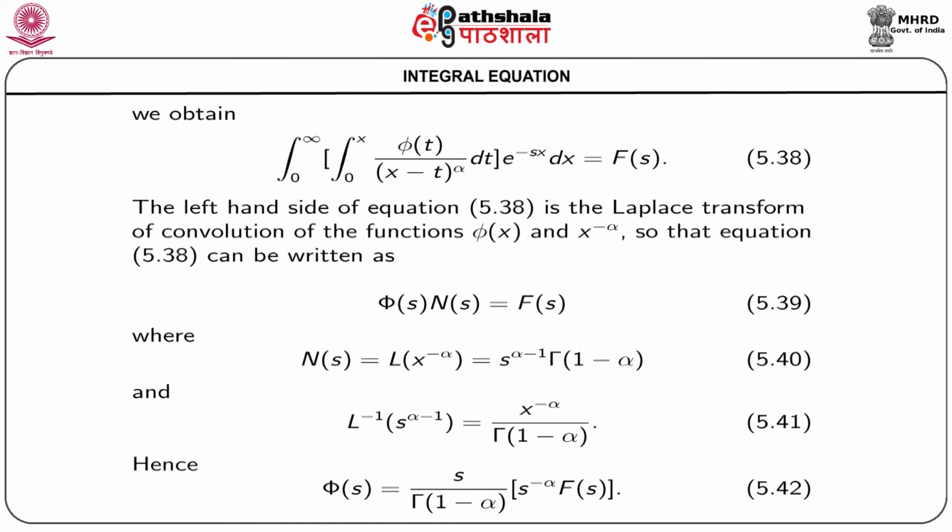Hence, from 5.39 we can write capital phi s as capital F s divided by capital N s, which can be written as given in 5.42.